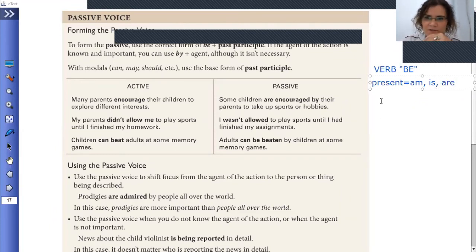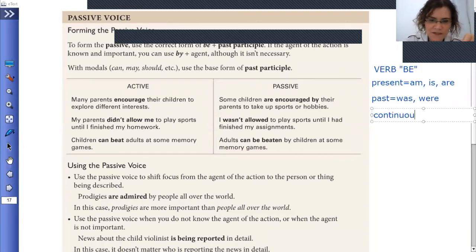If we're talking about the past, we're talking about was, were. If we're talking about the continuous tense, whether that is the present or the past, you use being.